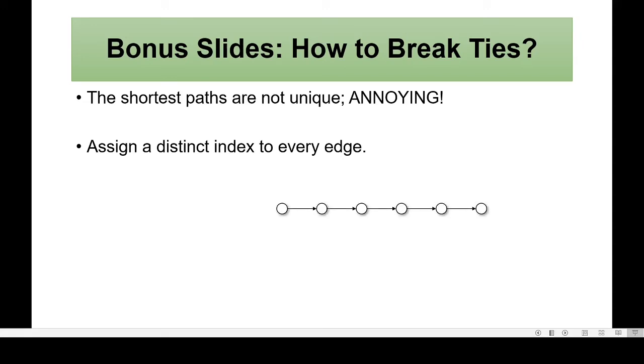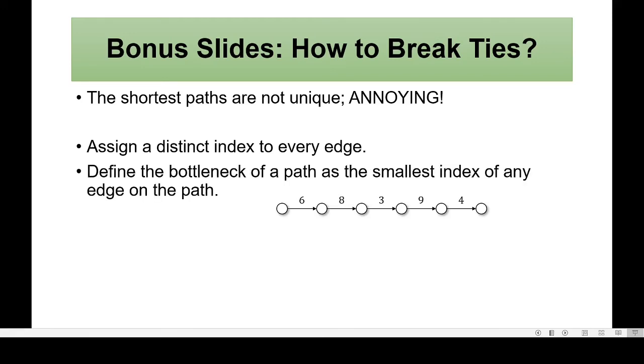For example, this path represents a portion of the input graph, and we assign a distinct index to every edge. Then we define the bottleneck of a path as the smallest index of any edge on the path. As an example, the bottleneck of this path is 3, which is labeled by the yellow edge.